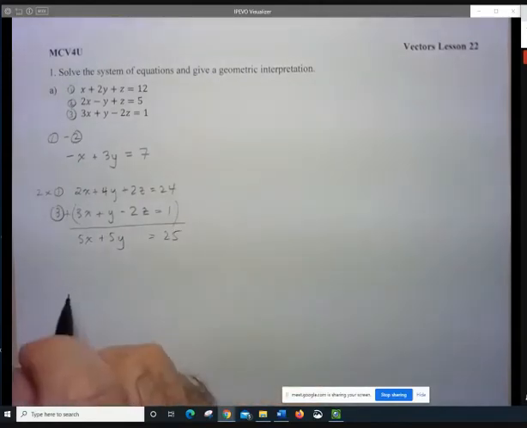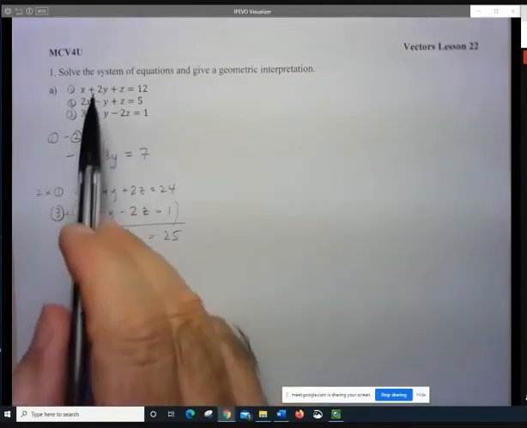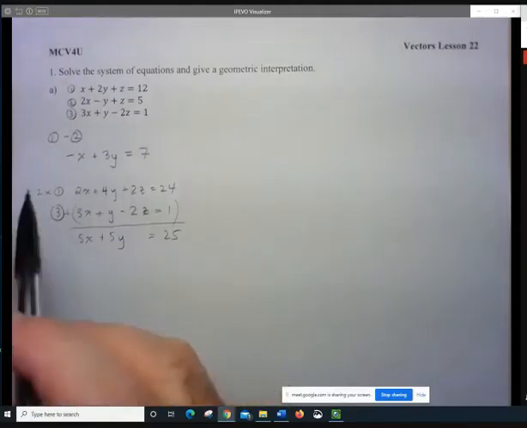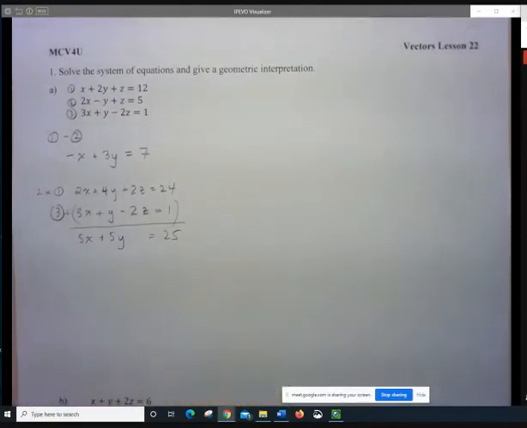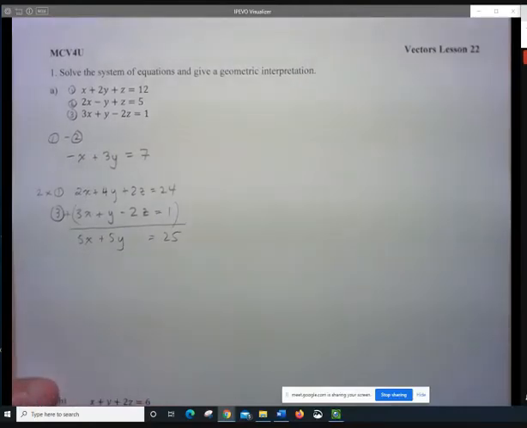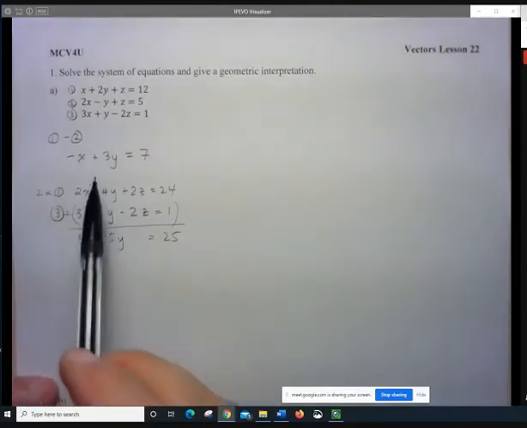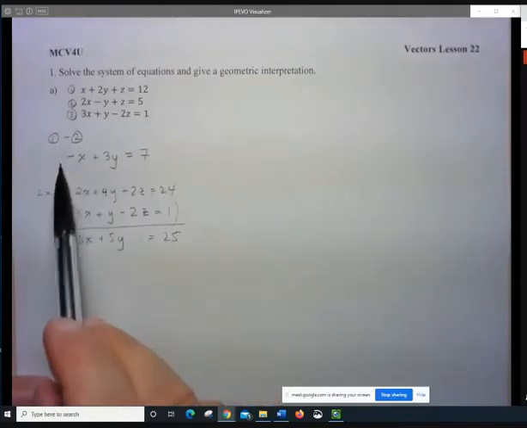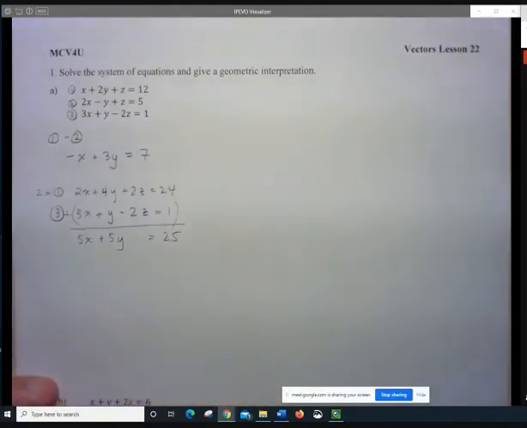And look what I've managed to do. By combining these equations, which doesn't change the values of x, y, and z, because I'm just performing legal operations on these equations, look what I've done. I've created now an equation in x and y and another equation in x and y.